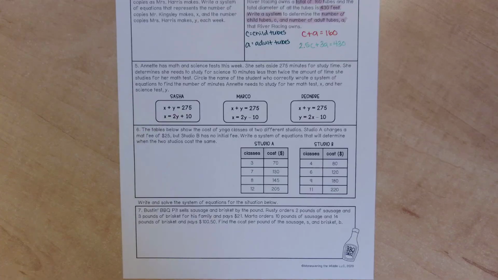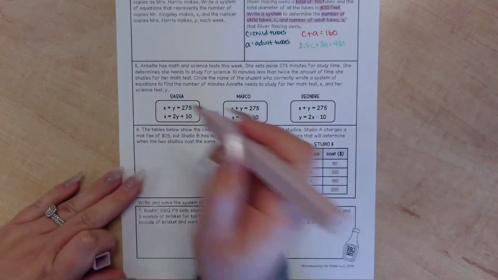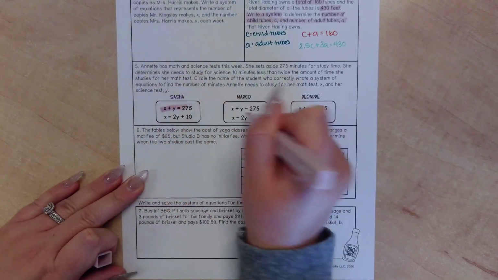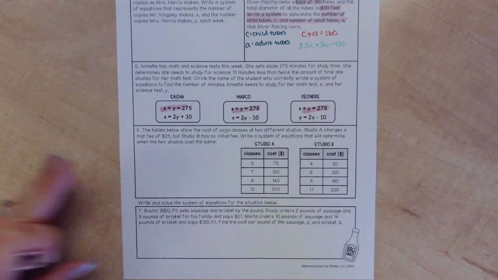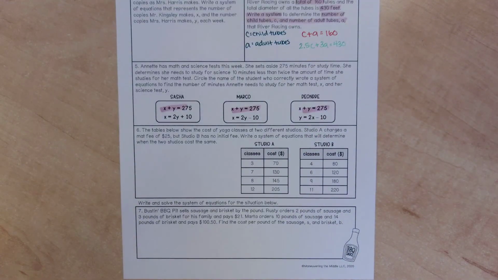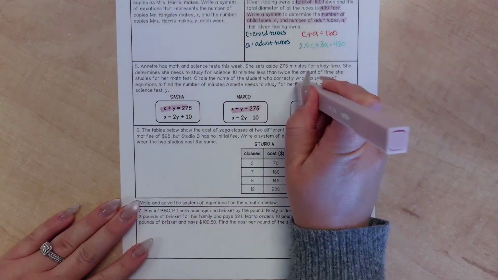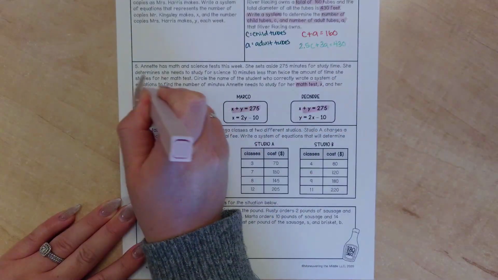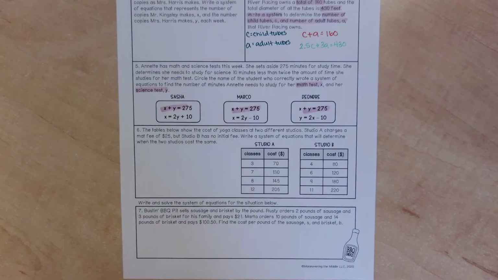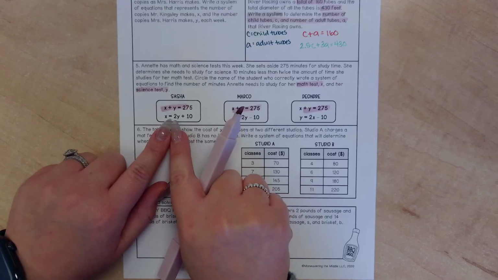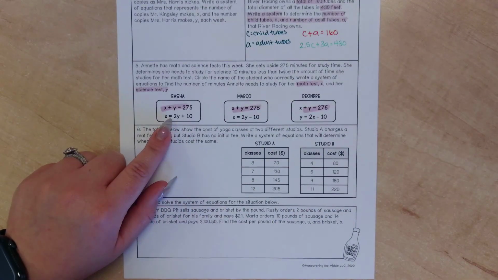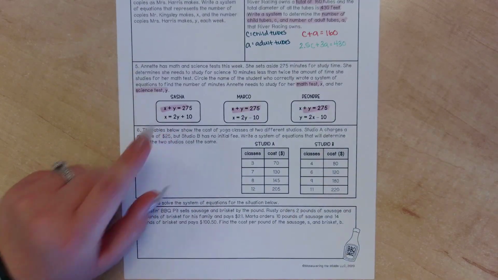Welcome back. I do want to point attention to the fact that all of them have this top equation here. So that equation is not what's going to mess me up. Something else is going to mess me up. Let's look into this next one. We did have her math test as being X and her science test as being Y. So the second one here says X equals 2 times Y plus 10.